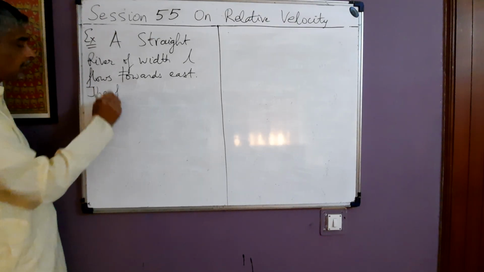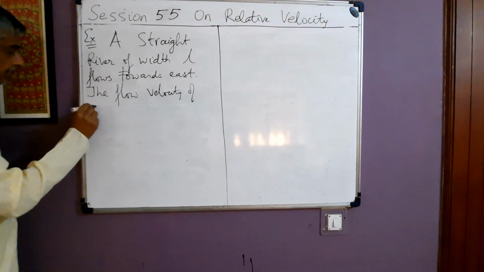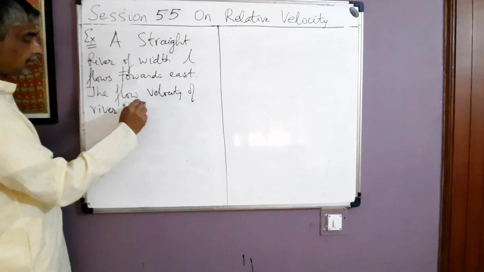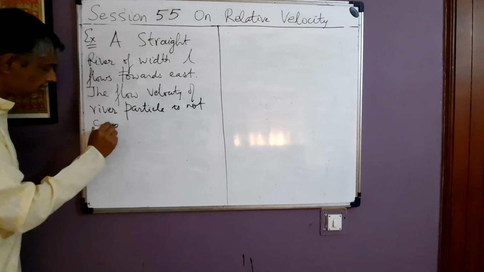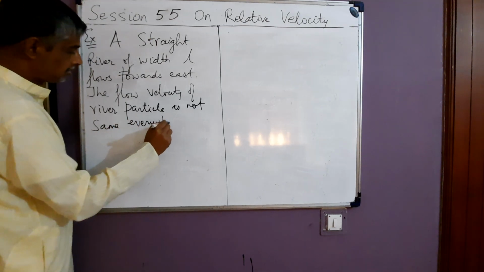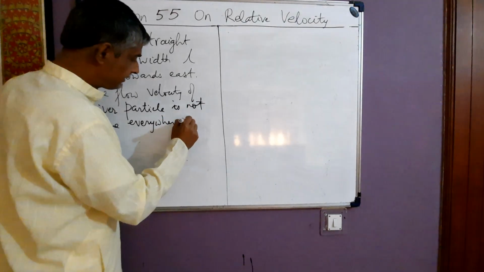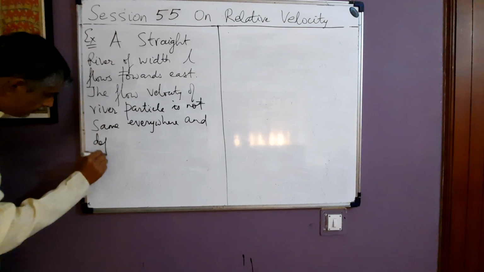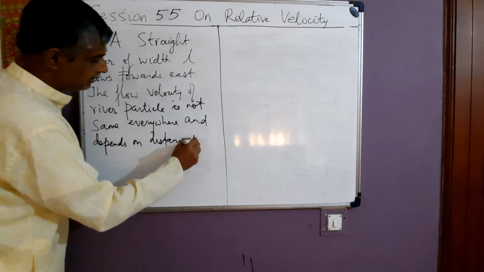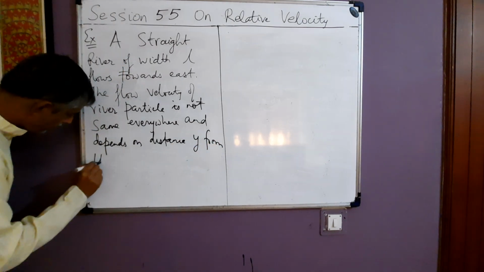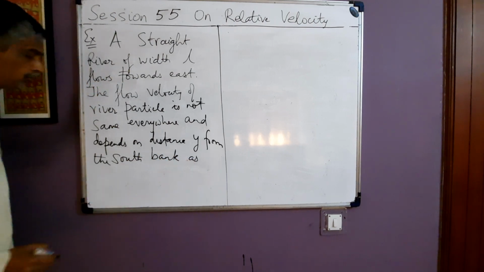The flow velocity of river particle is not the same everywhere and depends on distance y from the south bank as VRG.